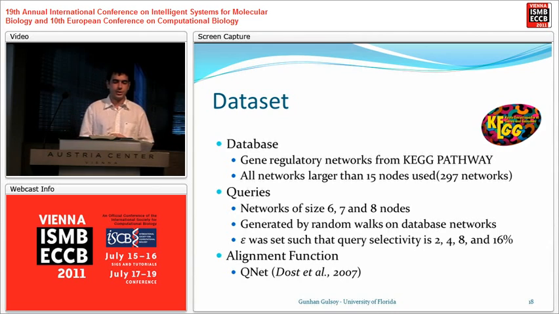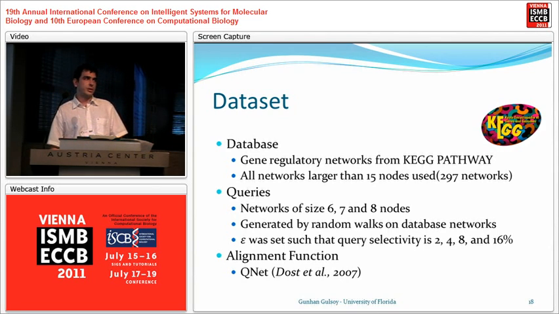And as our queries, we extracted 6, 7, and 8 node queries from this database by random walks. And the query selectivity was set such that in each query we selected 2, 4, 8, and 16% of the database. And as our alignment function, we used QNet's algorithm.